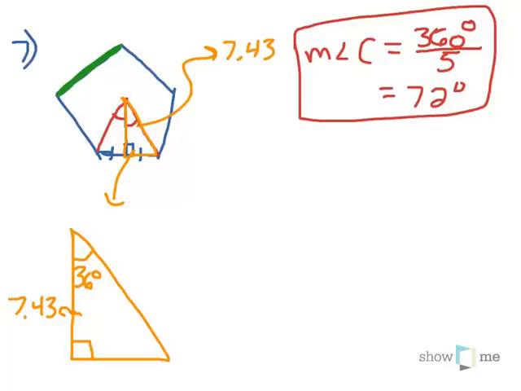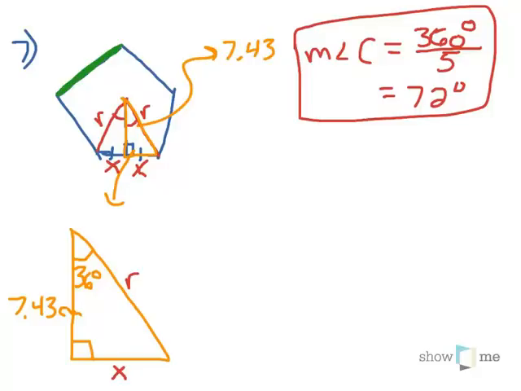So the question is, what is the radius? This picture, the radius would be right here, which in this triangle we reveal would be the hypotenuse. And also, what's the length of the side of the pentagon? Well, if we find the length of this side down here, x, that's half the length of the side, because it takes 2 of those x's to make up the whole side.